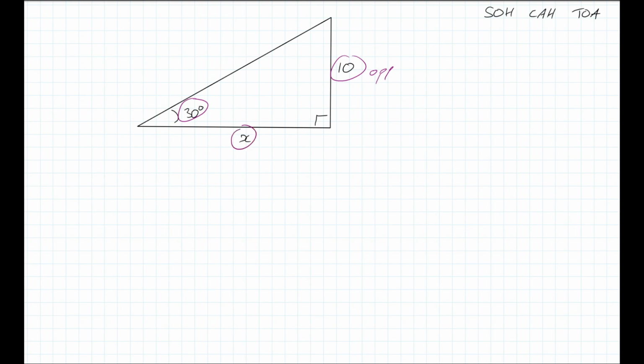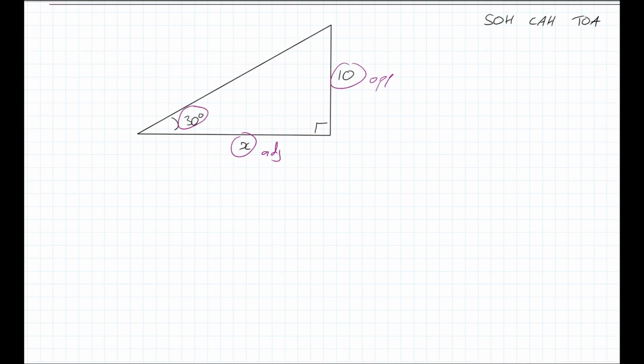So this side is going to be the adjacent side. So again, looking at SOHCAHTOA, we are going to use TOA because we have the opposite side and the adjacent side. We do not have the hypotenuse, which means we cannot use sine or cos. So let's write it out.